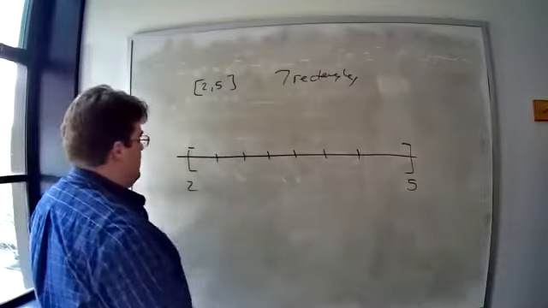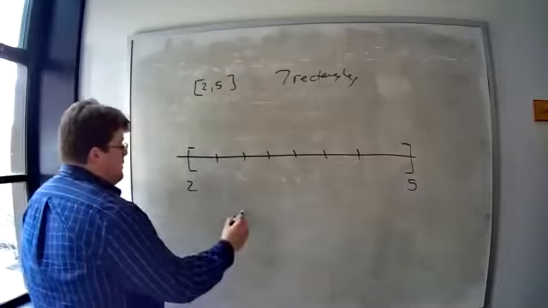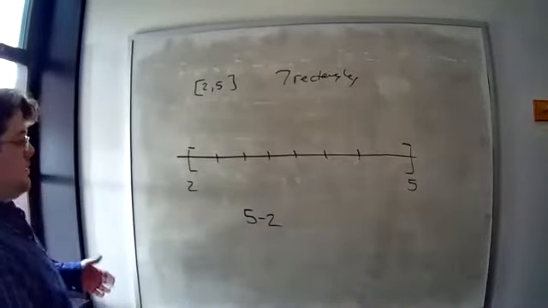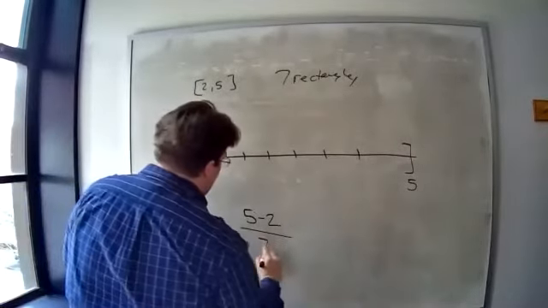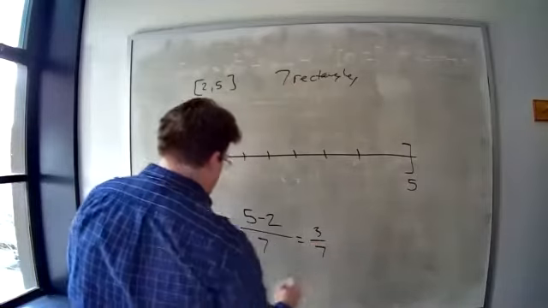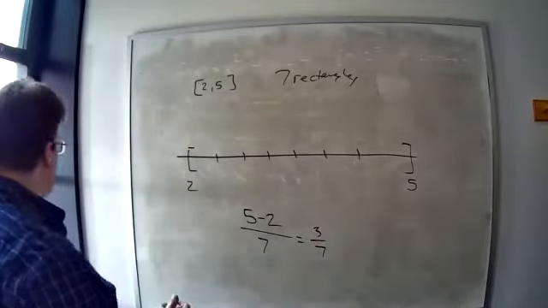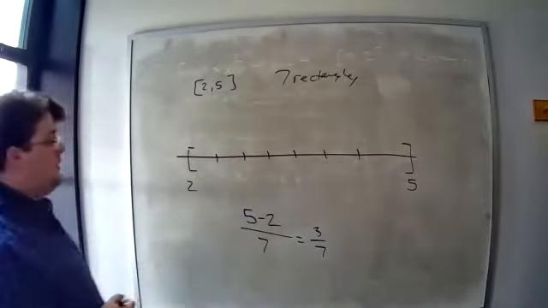Well, how are we going to find these x values? We have an interval with length 3. The interval from 2 to 5 has length 5 minus 2, length 3. And we're dividing that into 7 pieces. So that tells us the base of each rectangle is 3/7.